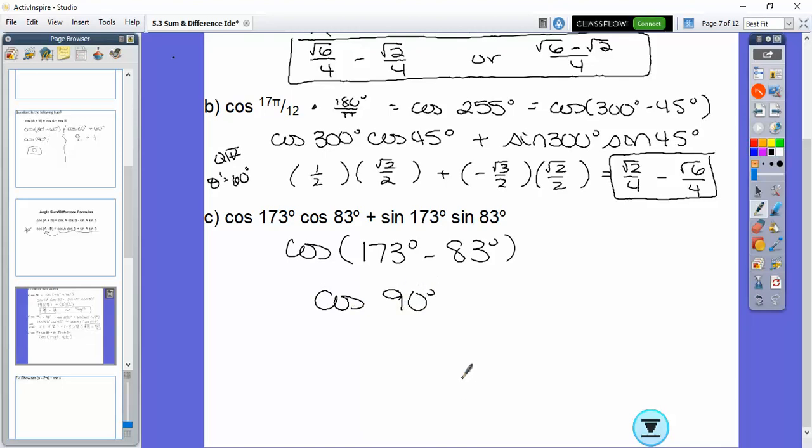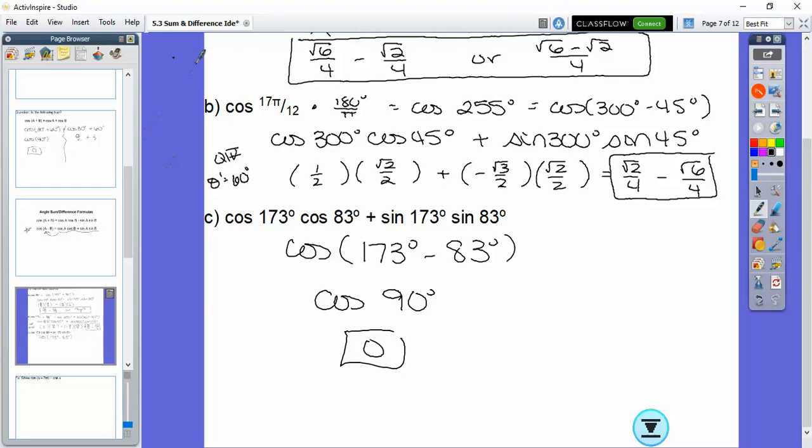And cosine of 90? 0. So I could give you either side of the equation. How would that work? Just get 0. Wasn't all that much work.